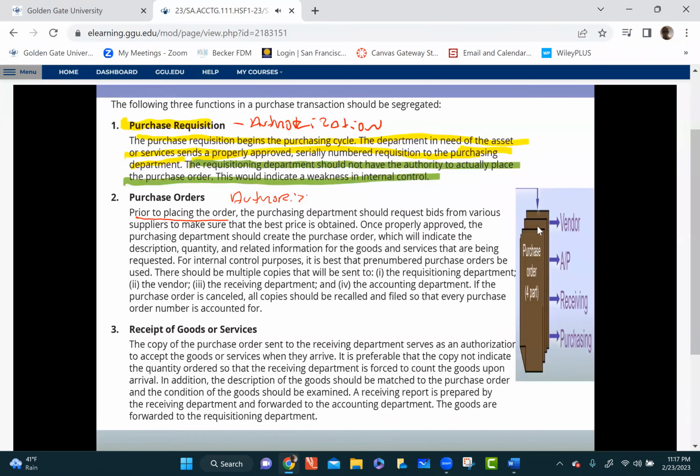I mean, placing the order is also an authorization, but why do we have to separate placing the order? What could go wrong if we let the same person who is ordering the computers also be the one that goes out and orders the computers? Misappropriation of assets. Could they just order them and take them home? No one is watching whether they're using them for, I don't know.